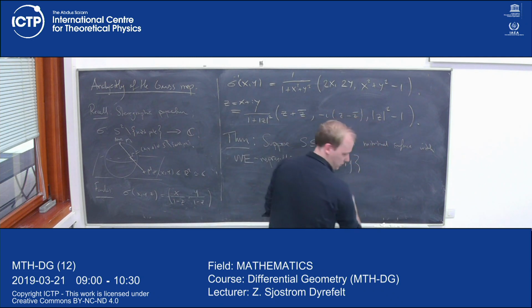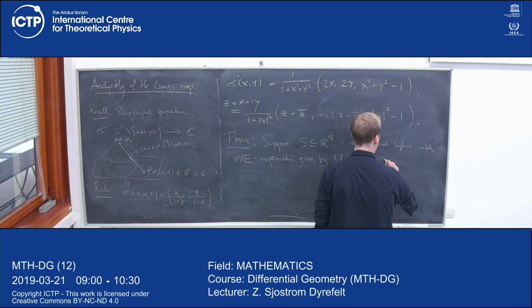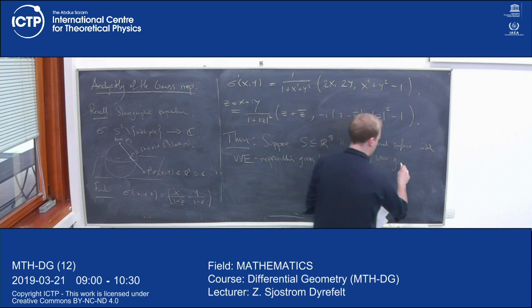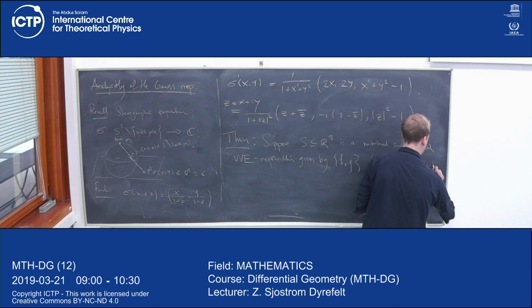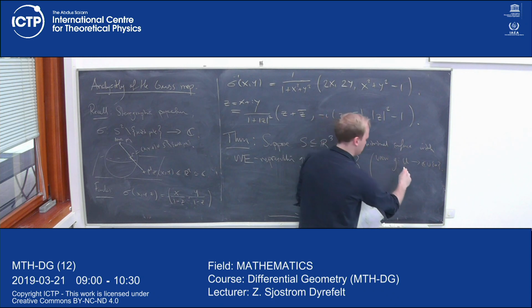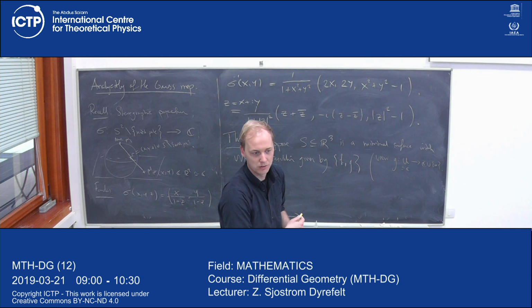Here the remark is that we view g as a function which is meromorphic. So g goes from U, which is inside C, and it takes values in C union infinity.